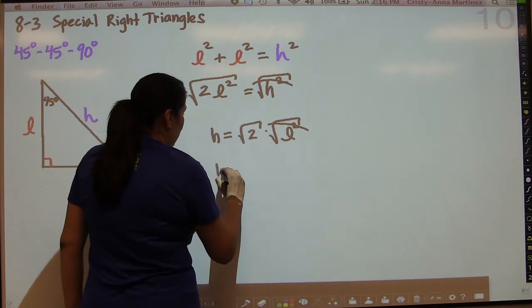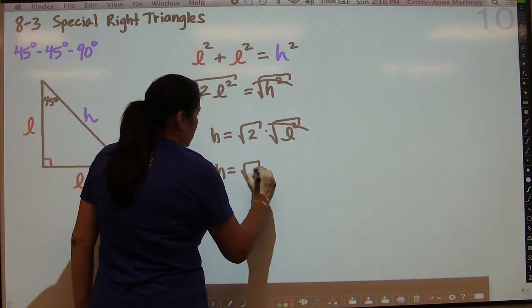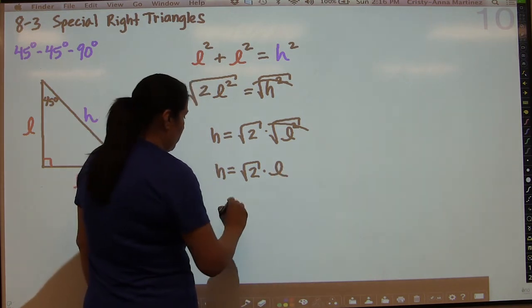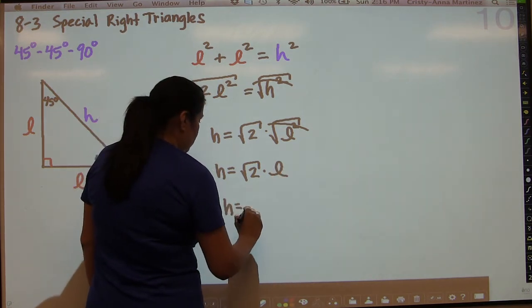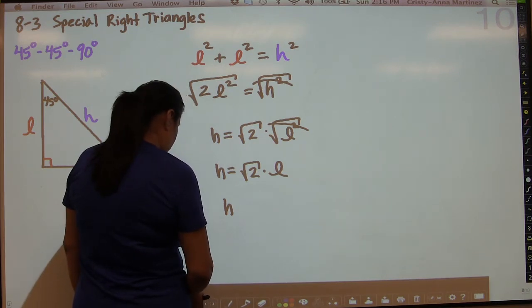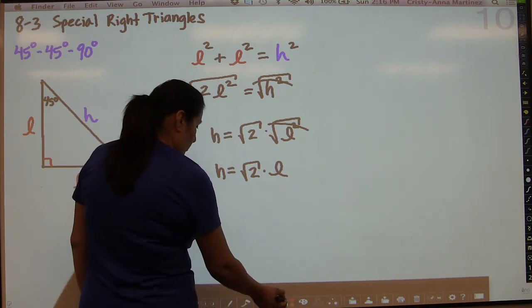So really what you now have is H equals root 2 times L, or most people usually write H equals L root 2, like that. I want to write that in blue here because we want to have this be color coded for you.